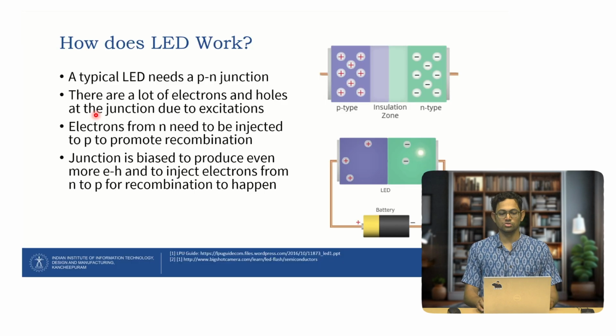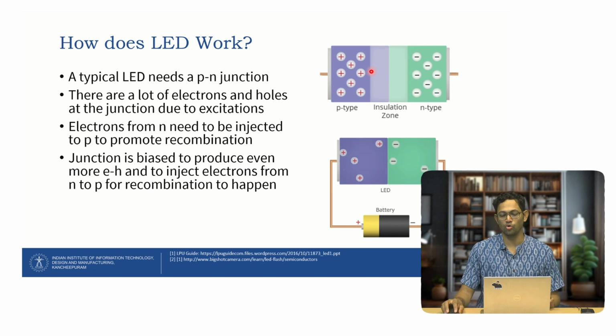Okay, so how does a light emitting diode work? As I said, it is about two intrinsic semiconductor materials. On the left hand side, I dope it with p-type dopants. On the right hand side, I dope it with n-type dopants, so it becomes a p-type and an n-type. And once I join them together, you get a junction.